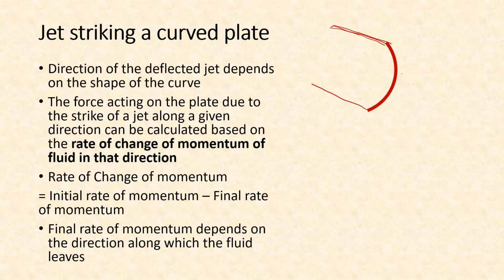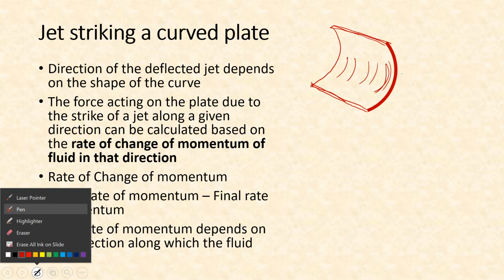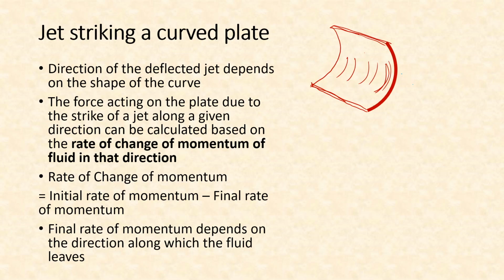let's say the plate is something like this, which is a cut portion of a cylinder maybe, and on this plate a jet strikes, suppose normally. If it hits here, then some water will get deflected in this direction, some water in this direction, some in this direction, which is perpendicular.